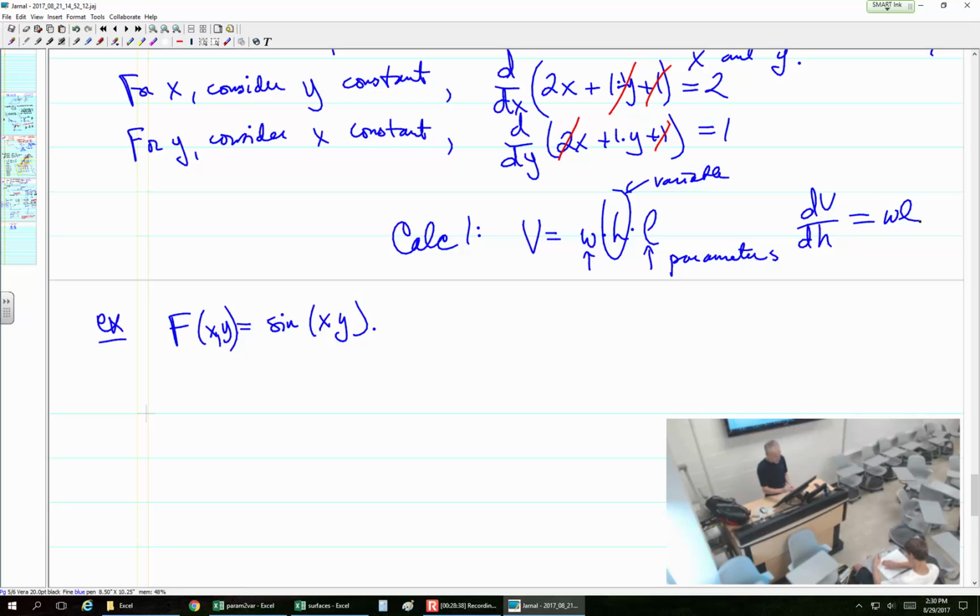Another occurrence of something superficially similar that you saw in Calc 1, before I get to this, is related rates. So in that case, you have several variables, and they are sometimes called x and y.